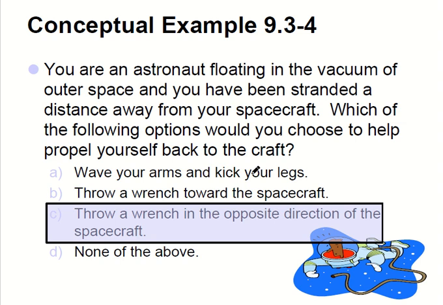Outer space is a little bit different from the Earth's atmosphere and gravity. This example is a very classic application of conservation of momentum, because in outer space we have no air, no friction, and no external forces, so things behave a little bit differently.